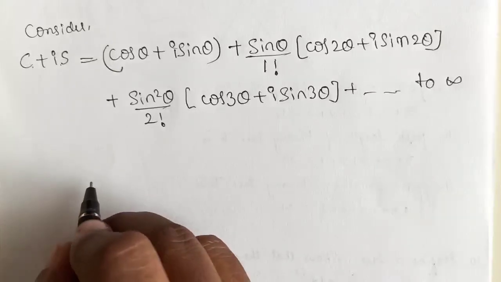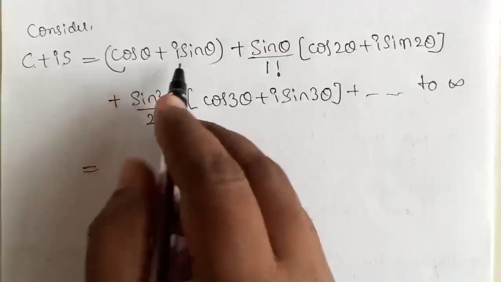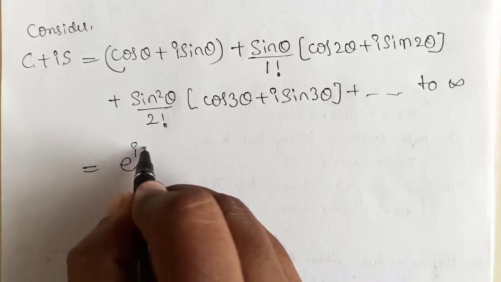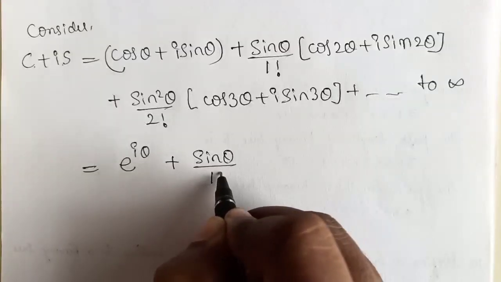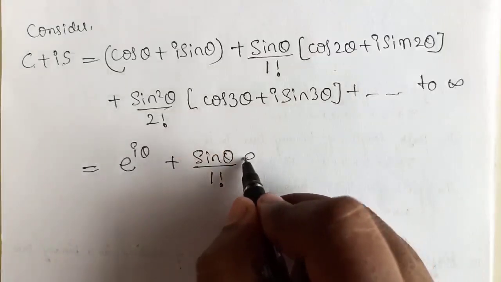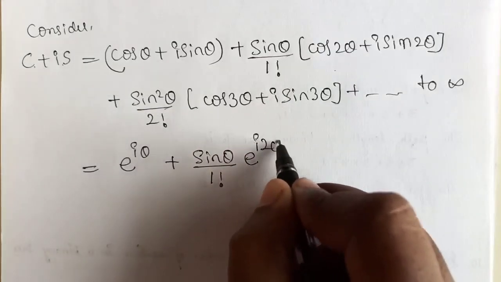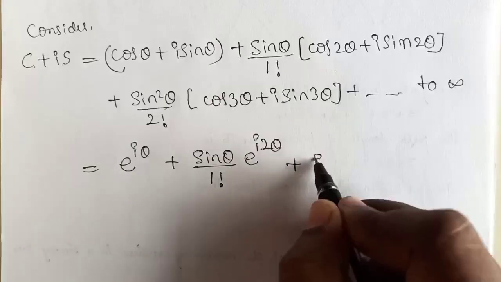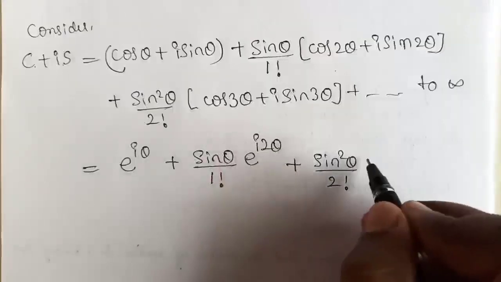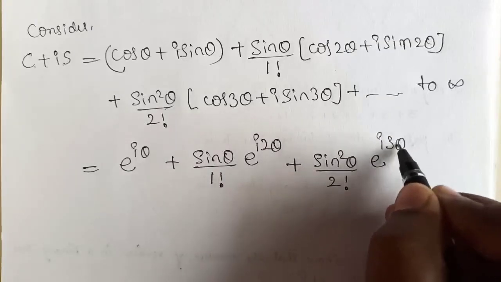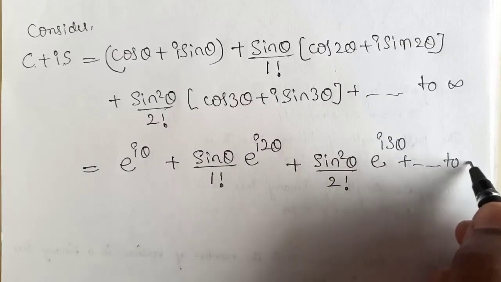Further simplifying, this can be represented as e raised to i theta plus sin theta divided by 1 factorial e raised to i 2 theta plus sin square theta divided by 2 factorial e raised to i 3 theta up to infinity.